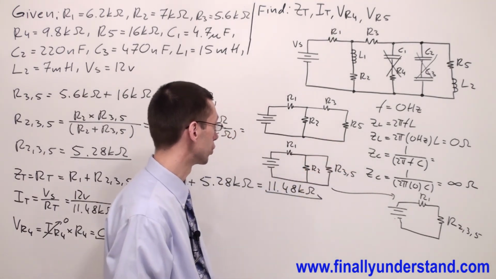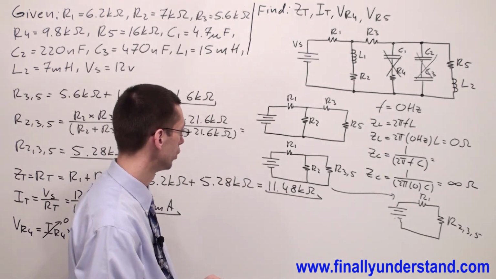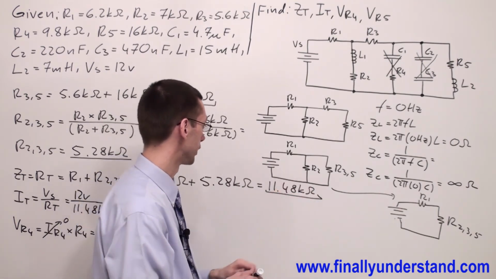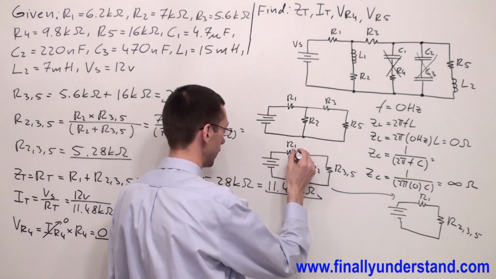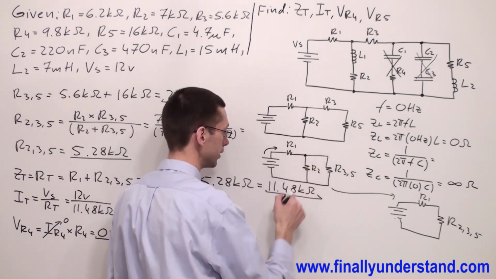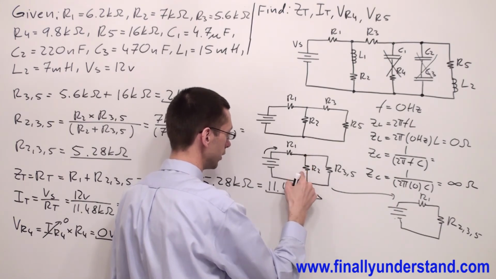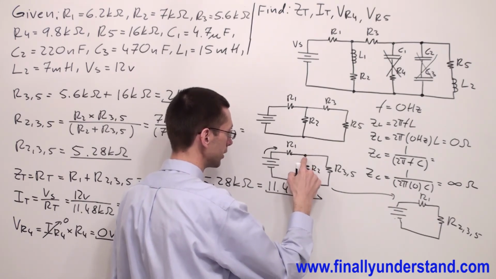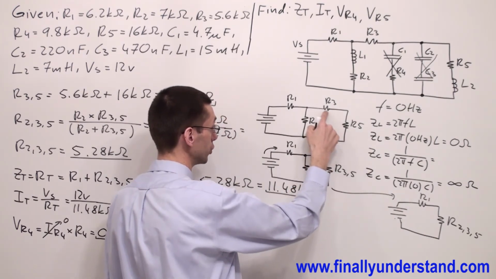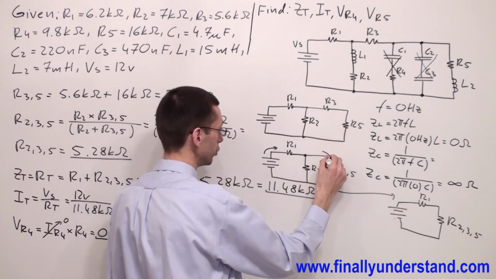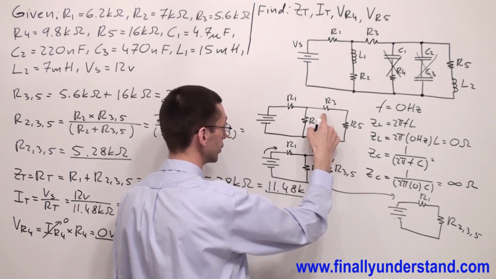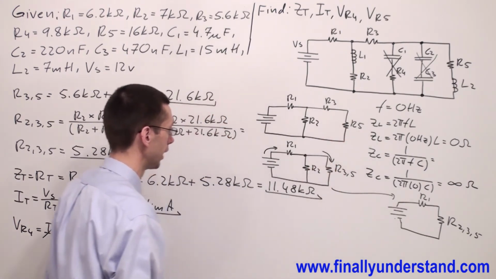In order to do so, I'm going to use the current division law, okay, because I know that my total current will go through resistor R1 and is going to split at this point, okay, to current IR2 and current IR35. But keep in mind that these two resistors are in series, so the current which I'm going to find over here is going to be the same current which will go through resistor R3 and resistor R5.